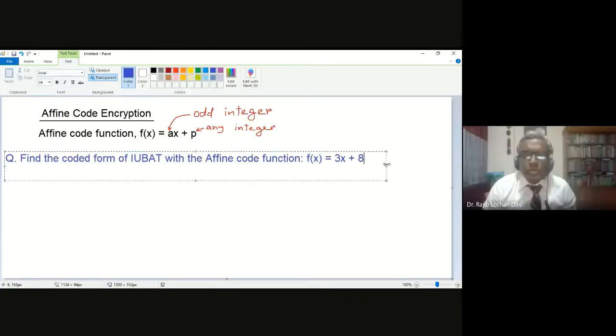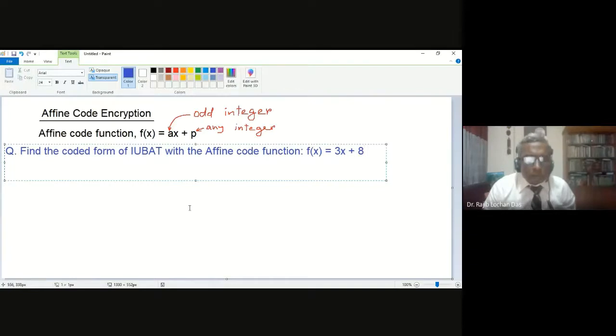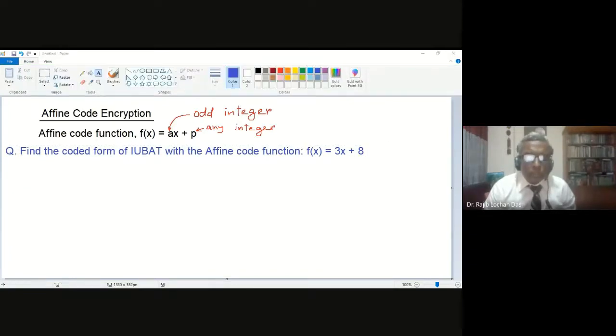So we will do the calculation now for this, how we can convert IUBAT into a code, and we will also see how we can come back to the original message or word. So in the beginning, you start with the word.